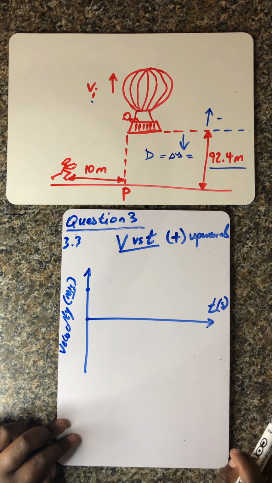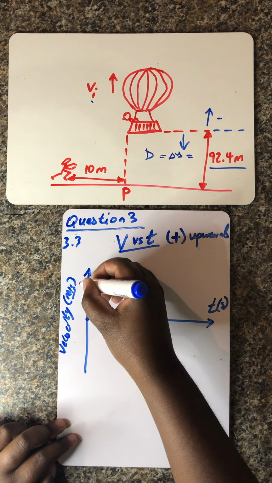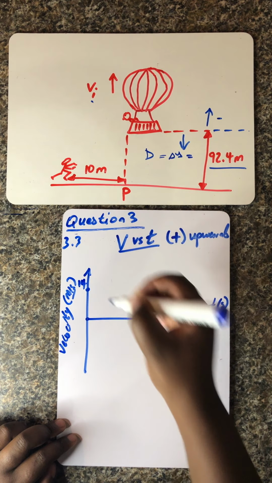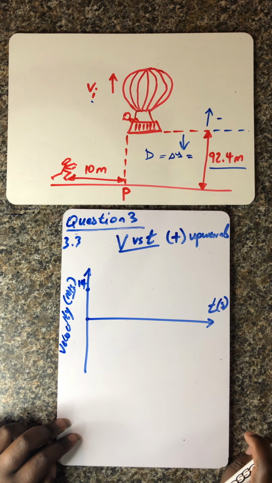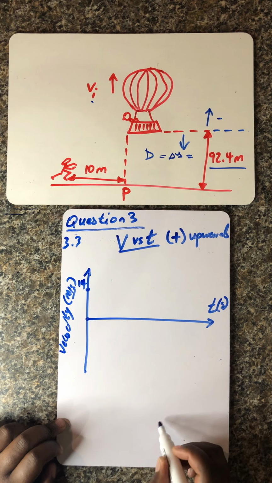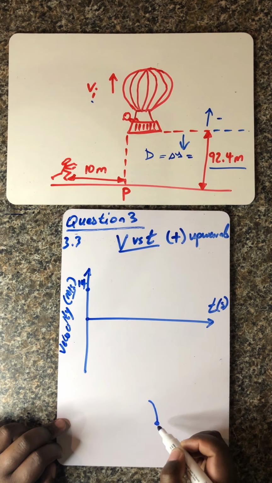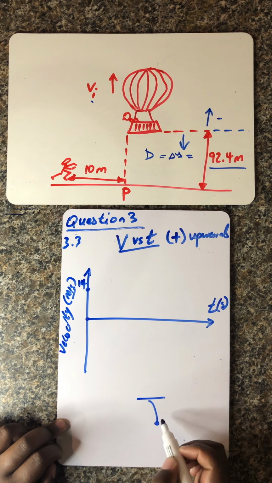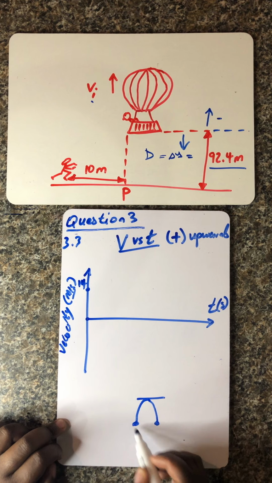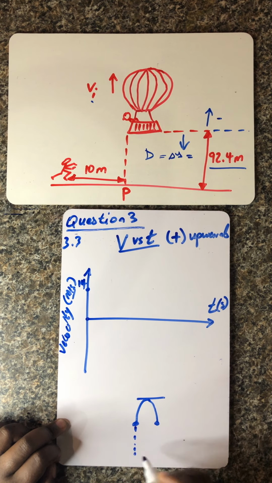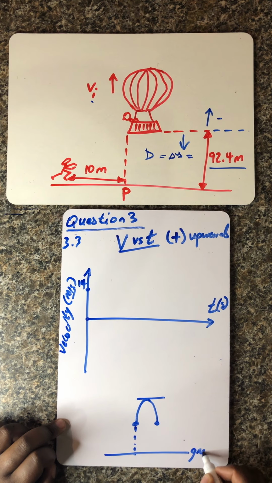initially it moves upwards, right? At what speed or at what velocity? At a velocity of 14 meters per second. So remember, out of the balloon it will just go up and then reach its maximum height, and then from there it's going to come down to that same level and continue moving downwards until it hits the ground.